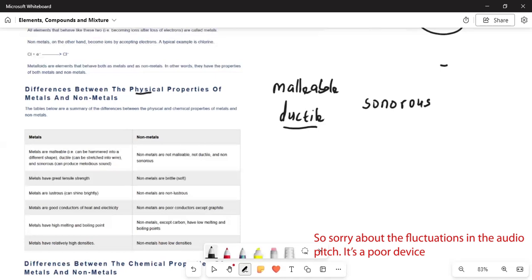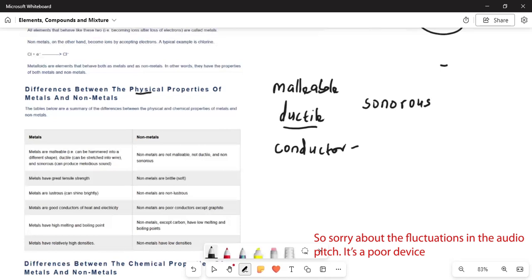When you hit a metal with a stone or with another metal, it produces a sonorous sound, a kind of melodious sound. Non-metals don't do that. They produce dull sound. And so they are what? Non-sonorous. Metals are what? Good conductors of heat and electricity. When we say conductor in physics and chemistry, I don't mean the bus conductor. Rather, I mean something that allows electricity to flow through it easily.